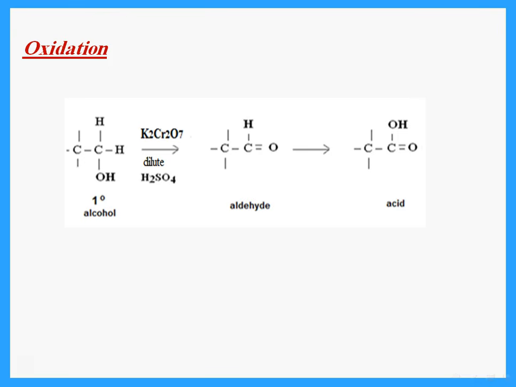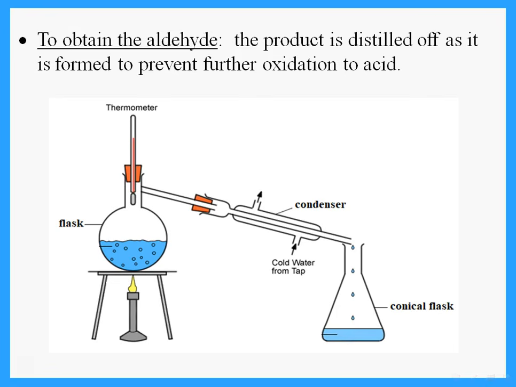Now, if I continue to heat with potassium dichromate, I will eventually end up with the corresponding acid. So primary alcohols give aldehydes first, and then if you continue to heat it with the oxidizing agent, it will give acid. That means that I need two different techniques if I want to obtain aldehyde or if I want to obtain acid.